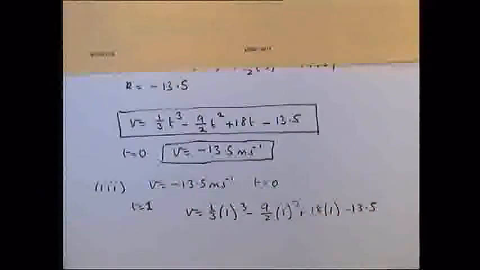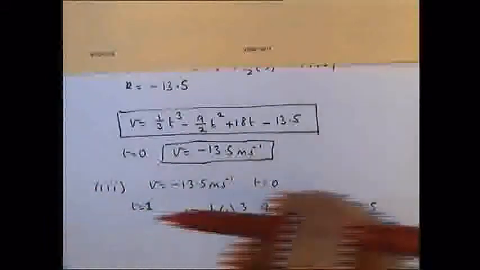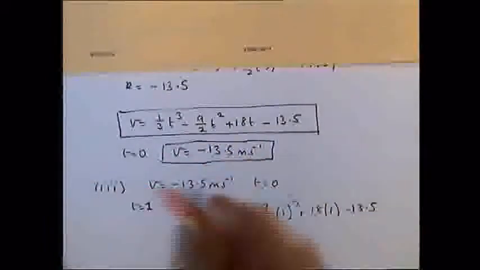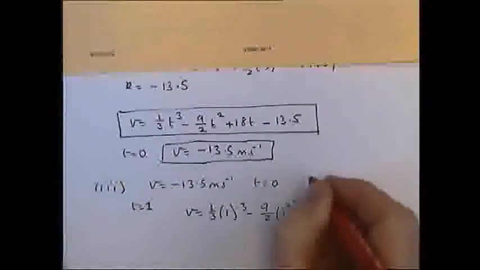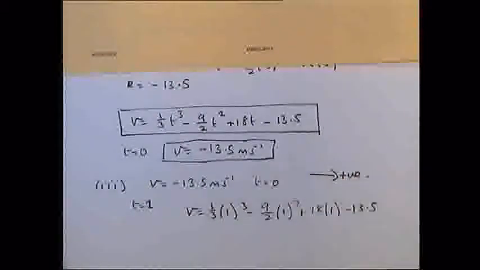If that's a positive value, we know that the velocity has changed direction, because it was going in one direction when negative, and if it's positive, it's going in the other direction. So put those values in and see whether you get a positive value.